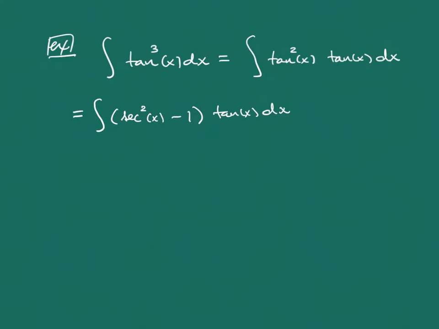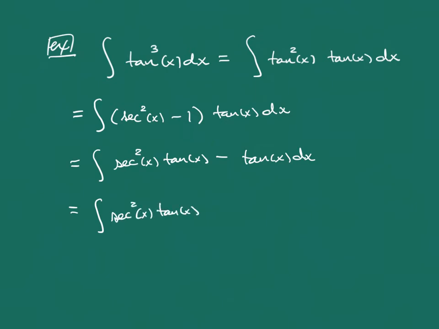If we go ahead and distribute from that, we get our secant squared of x times tangent of x. Now we do have a power of tangent left over, but then we've also got this lone tangent that we have to deal with. And so we can break this up into two separate integrals: the integral of secant squared of x, tangent of x dx, minus the integral of tangent of x dx.